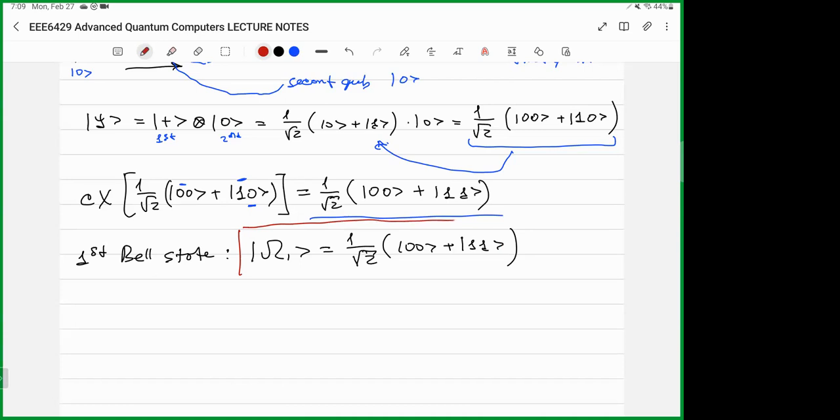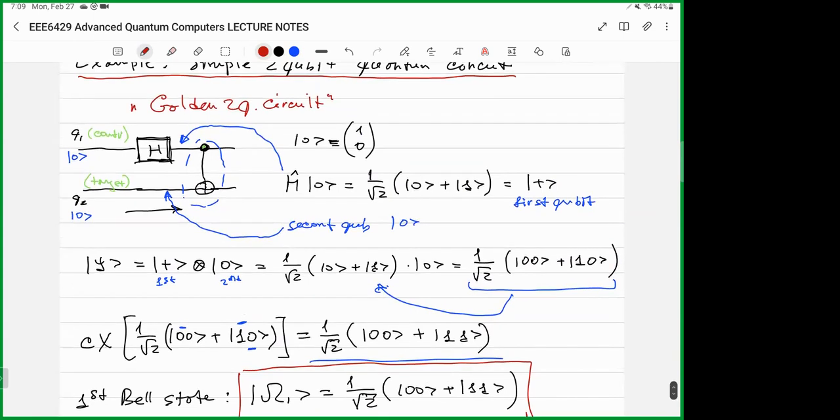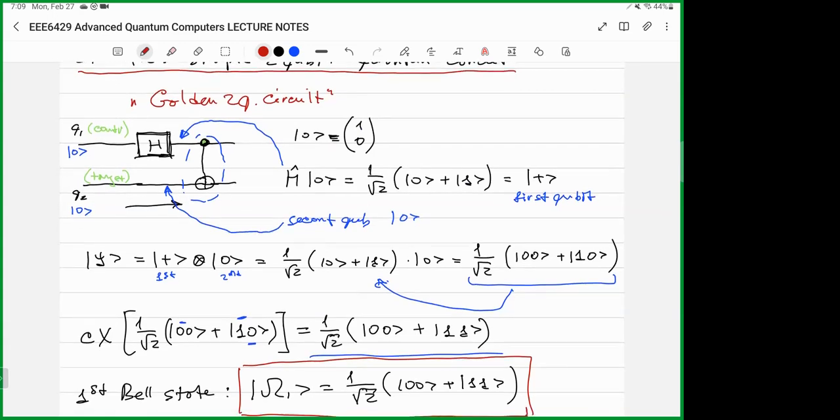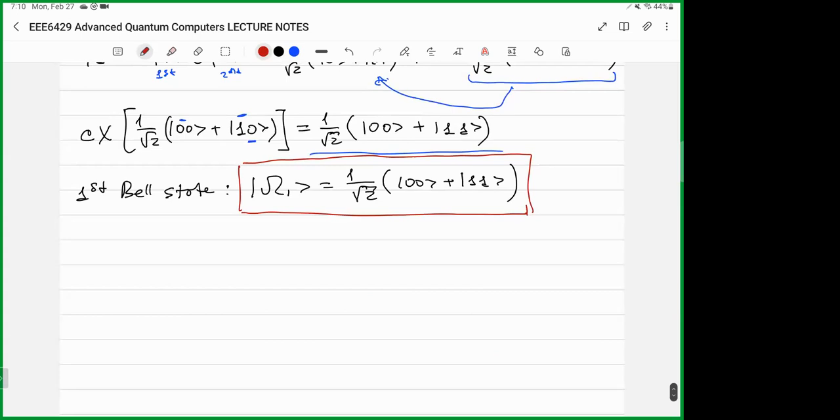And this is remarkable because now I see how the application of one two-qubit gate, this CNOT gate, allows me to create an entangled state.